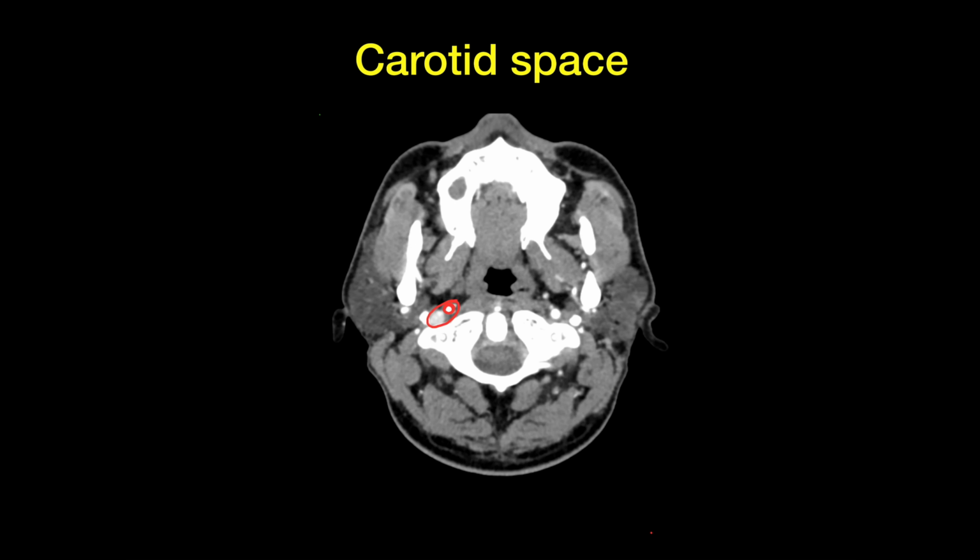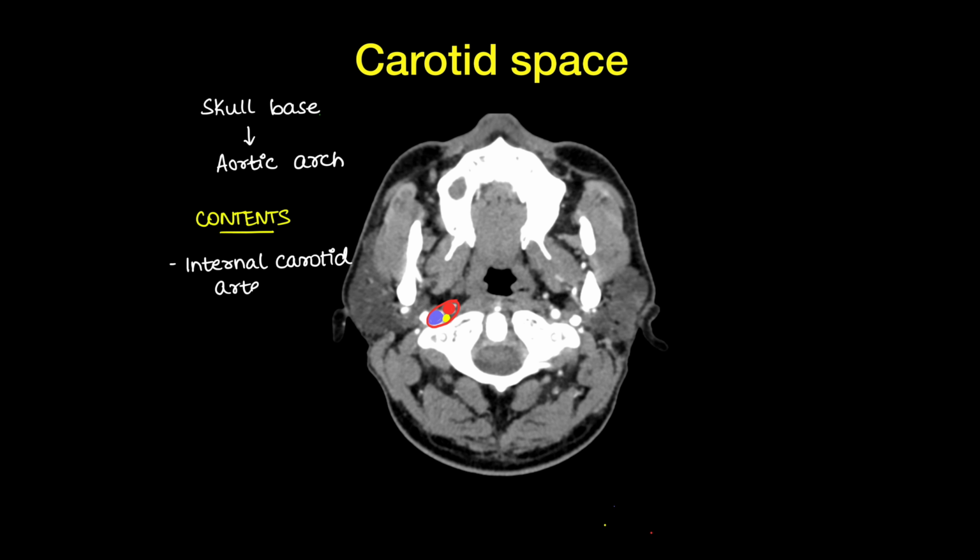Next we have the carotid space. The name suggests that this has carotid vessels, easy to remember. This space extends from the skull base to the aortic arch, so it extends in the suprahyoid and infrahyoid neck. Contents are mainly the internal carotid artery, in most of its extent.